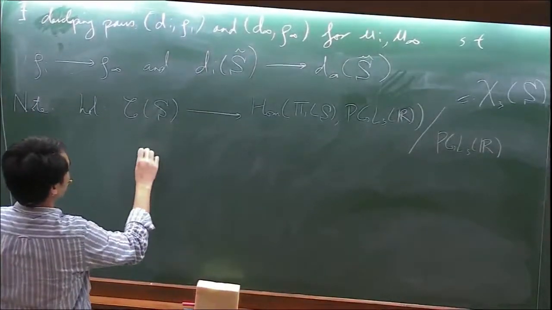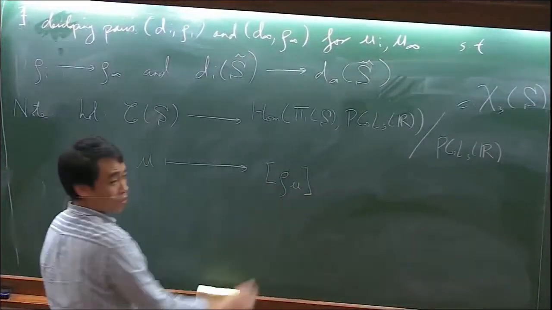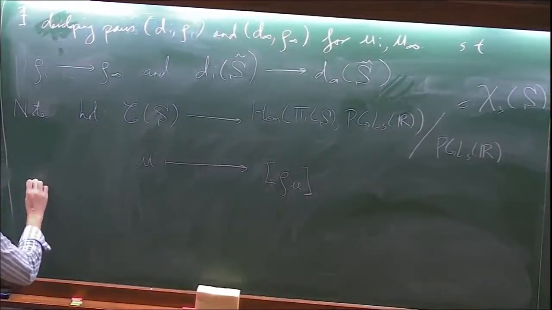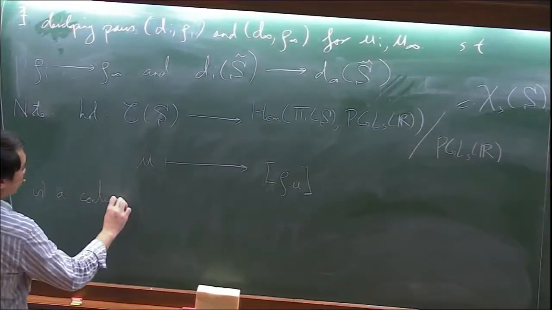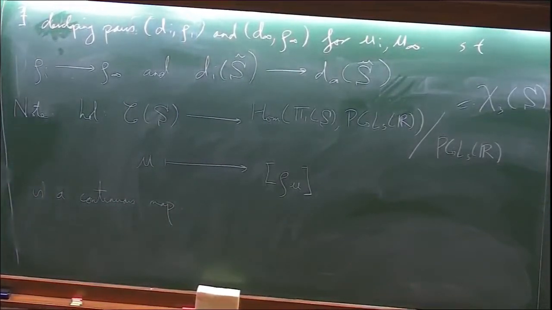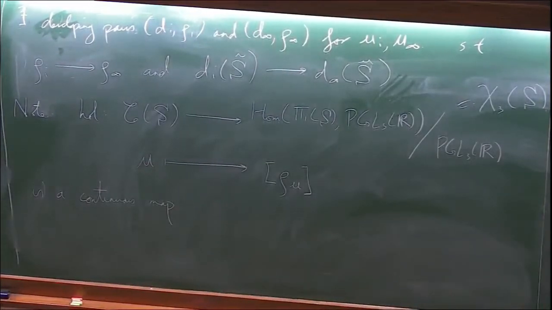Well, you take any mu and you send it to the conjugacy class of its holonomy representation. This fact here tells you that all the holonomies are conjugate. So you do this, and this is a continuous map. Okay. Questions? Okay, so this is what the topology on this deformation space looks like.